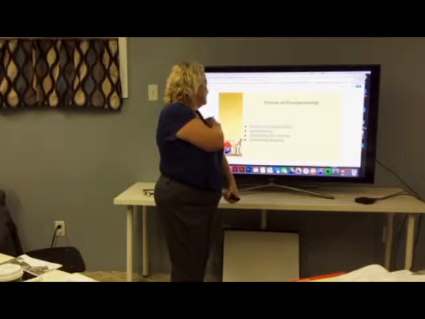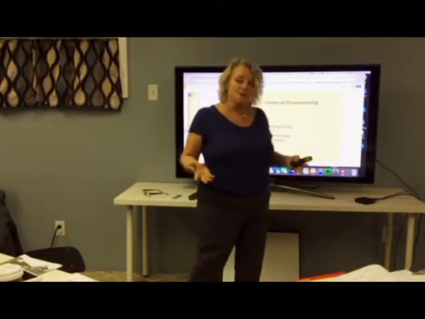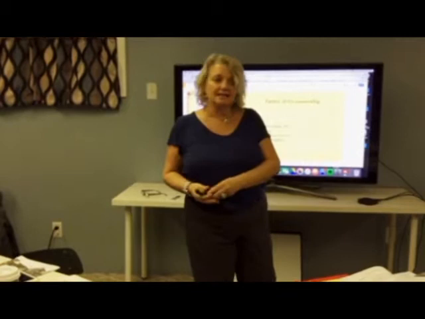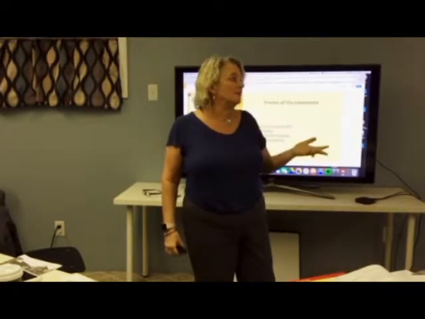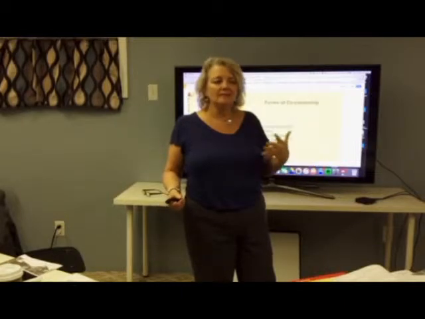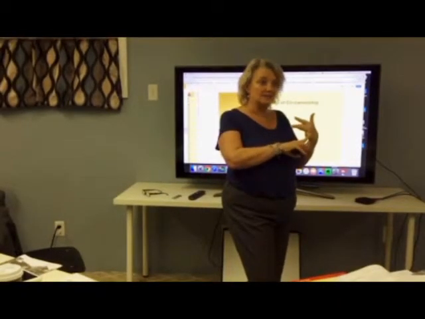Okay, so tenancy in common is the most broadly used form of ownership. It's when two people or more purchase a property together, and the thing that matters is there is no right of survivorship.